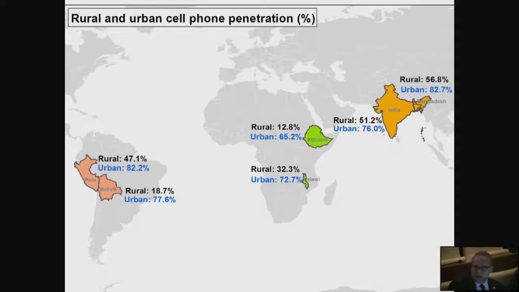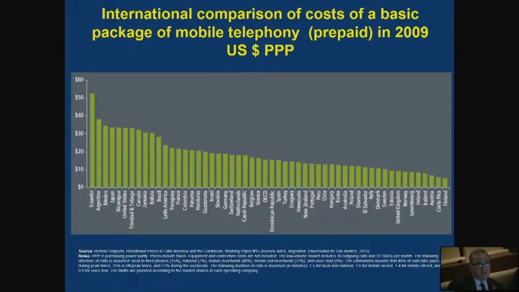So how we can create innovation that will move us out and improve over that is really important. And that's the connectivity question. But the connectivity question is linked to price also. And the price is because of the institutionality and the regulatory mechanisms that Daniels was mentioning before. This is basically looking at a basket of prepaid phones, standardizing in PPP dollars. And the cost of that same basket differs across countries.